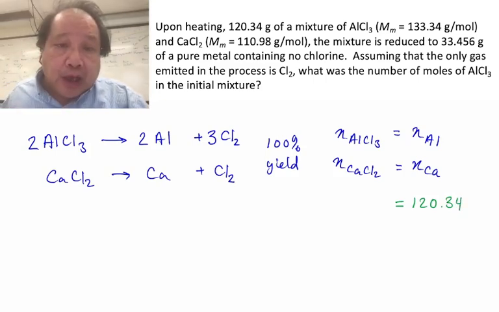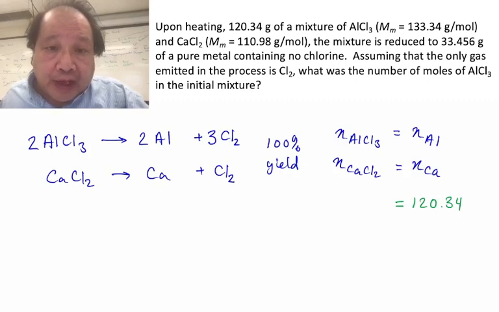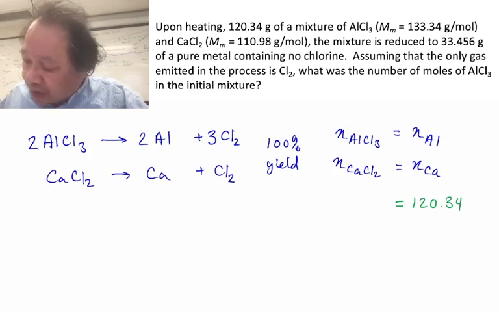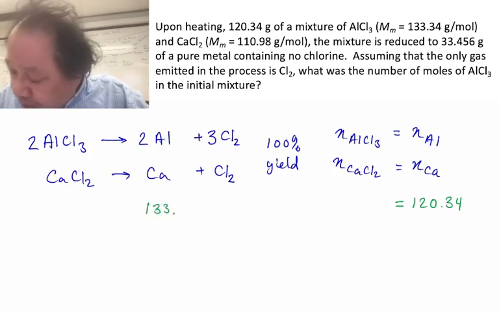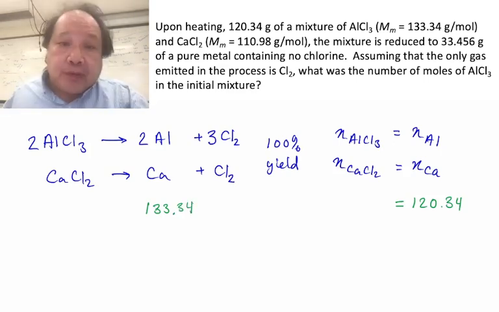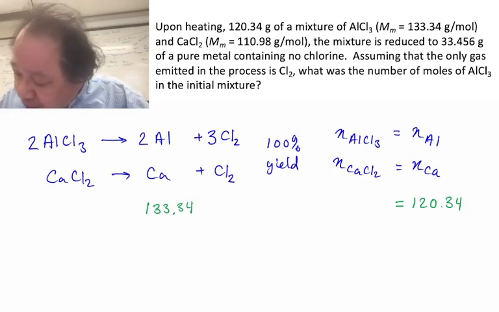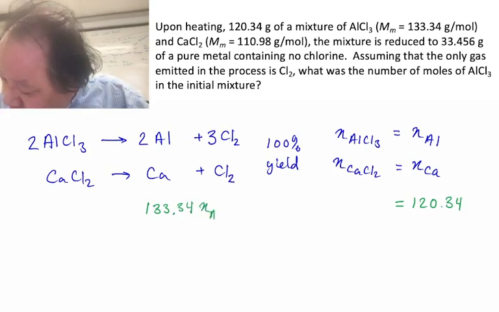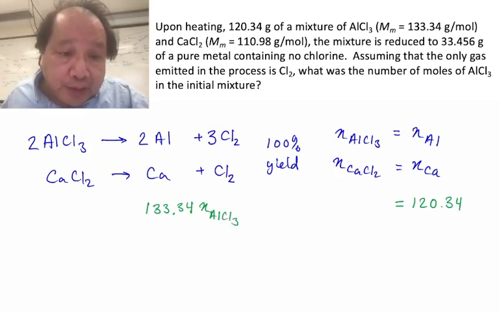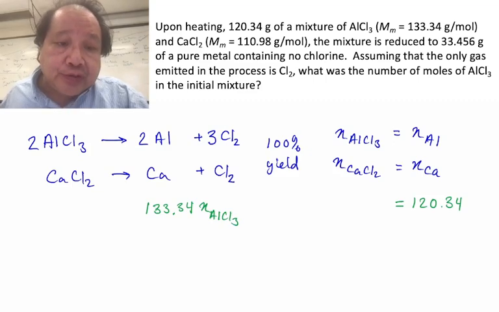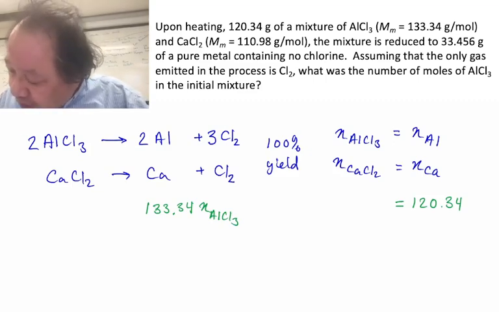And it's based on the amount of AlCl3, and we have its molecular mass. The molecular mass of AlCl3 is 133.34. Molecular mass times the number of moles is the grams of AlCl3. So 133.34 times the number of moles of AlCl3 is the grams of AlCl3.